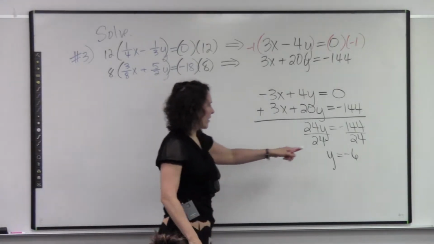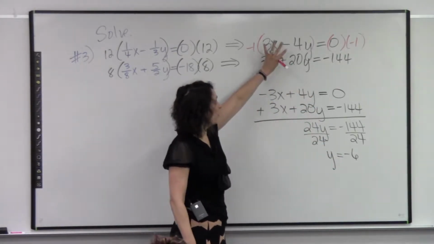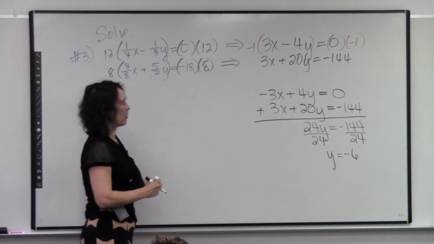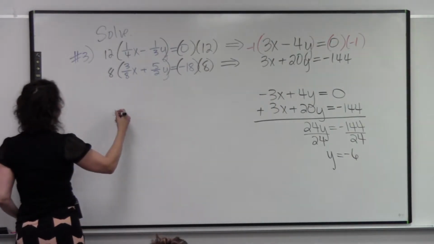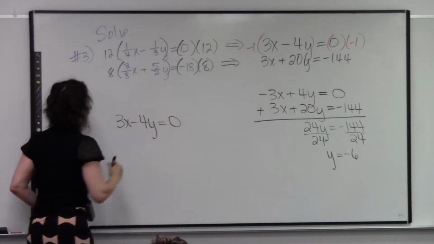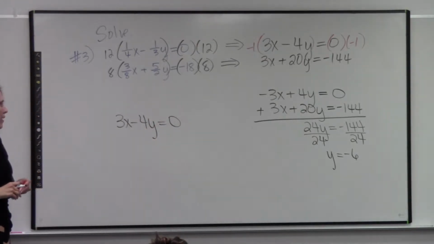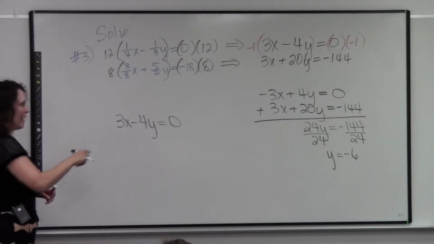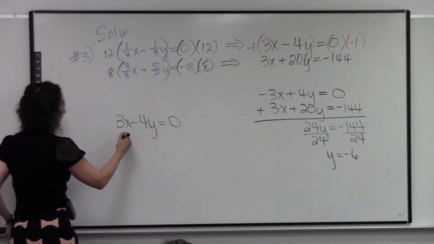So now I need to take this and plug it into one of the two equations to find x. You want to go to the top one? All right, so I'm going back to the 3x minus 4y equal to 0. And in place of y, we're going to put a negative 6.